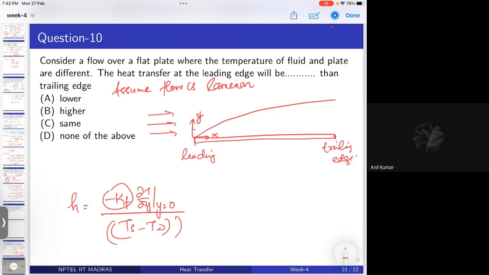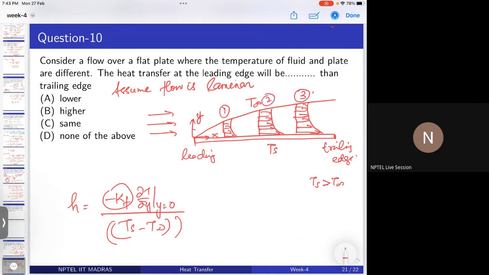Okay. So I'm assuming that Ts is greater than T infinity. The temperature profile will be something like this. So one, two, three.